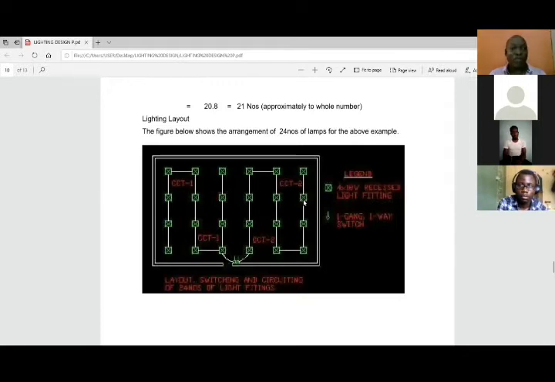When we look at the multiples of 24, around like that. But the best that is achievable, that is good, that is reasonably distributed, and you give a better reflectance of light. Reflectance and the likes, I'm still going to show us the importance of all this relating to our calculation and design in terms of lighting layout. We opted for 6 by 4 to give us 24.